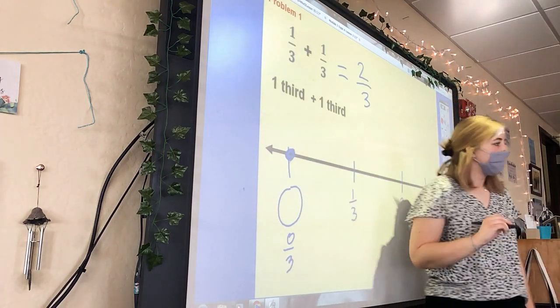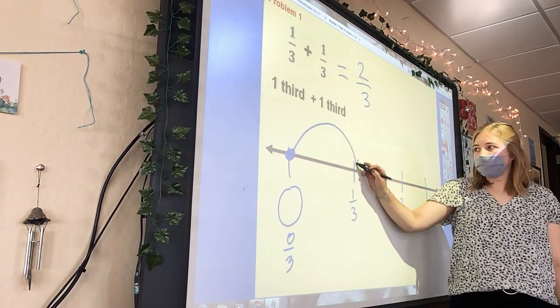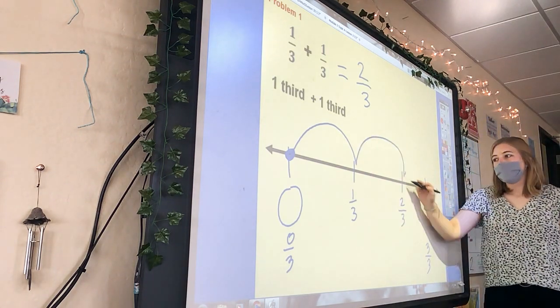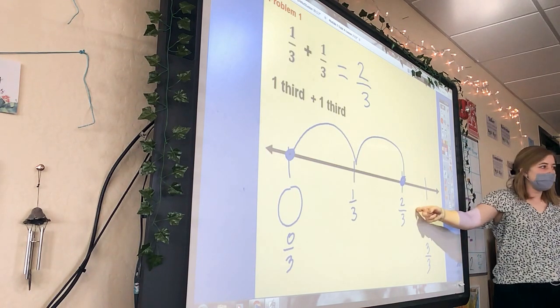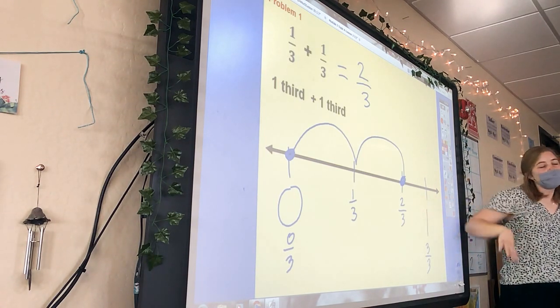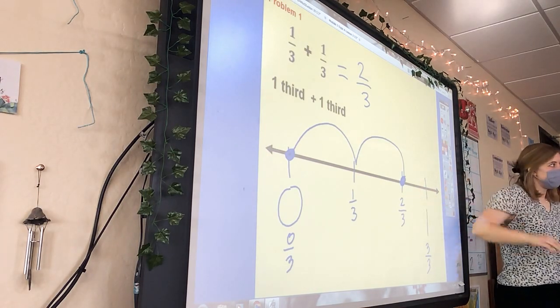That's where we start. And then I'm adding 1/3 plus 1/3, and what did I get? 2/3. So this is what you're doing today. Pretty simple. Obviously the fractions are going to get a little more complicated, but this is the foundation of what we're doing today.